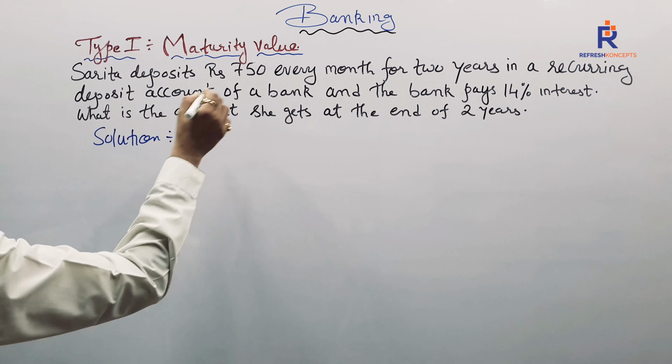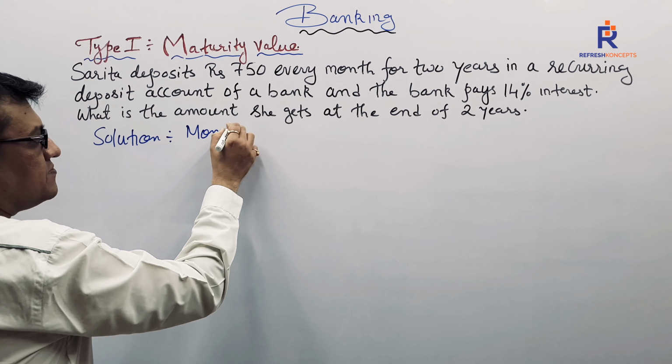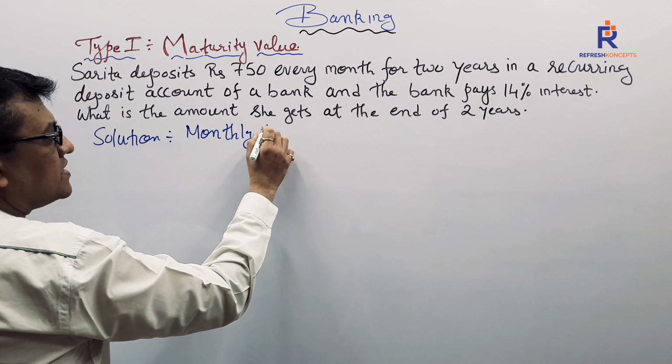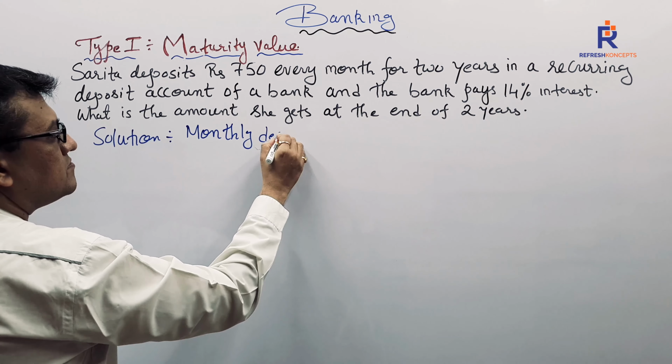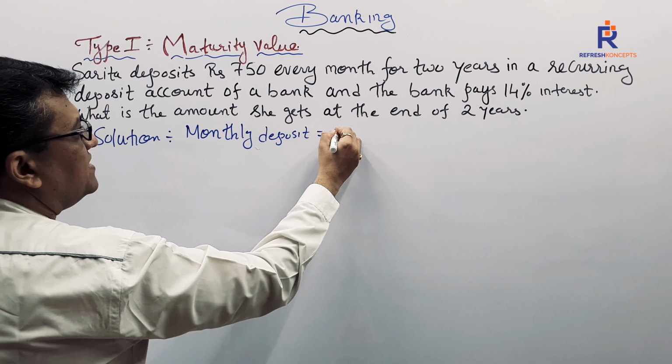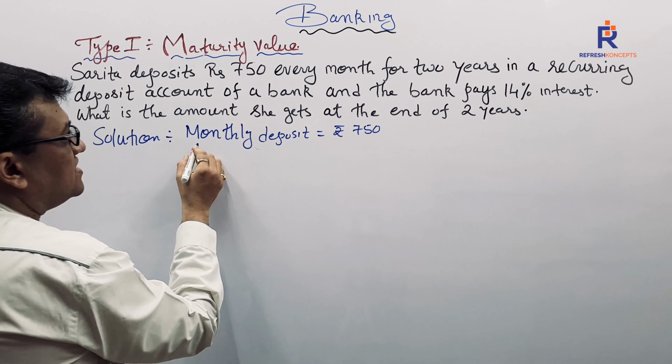We just write down whatever has been given to us. Monthly deposit is rupees 750. What is the number of years?